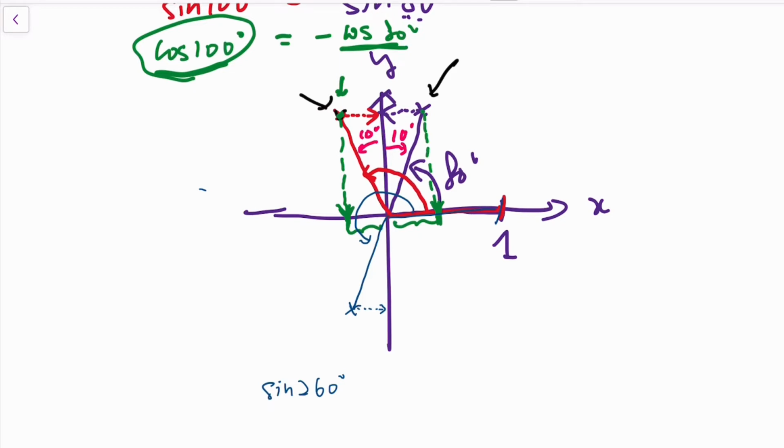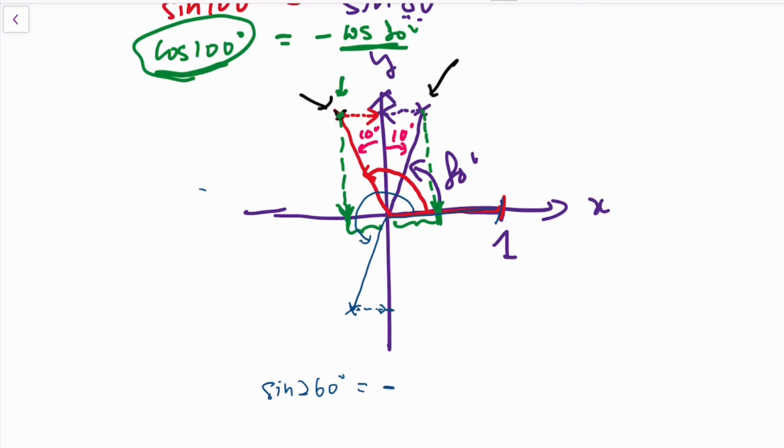What's the first thing that you can say? The first thing you can say is the answer to sine 260 should be negative. Why? Because this point simply has a negative y coordinate. So sine 260 must be negative.